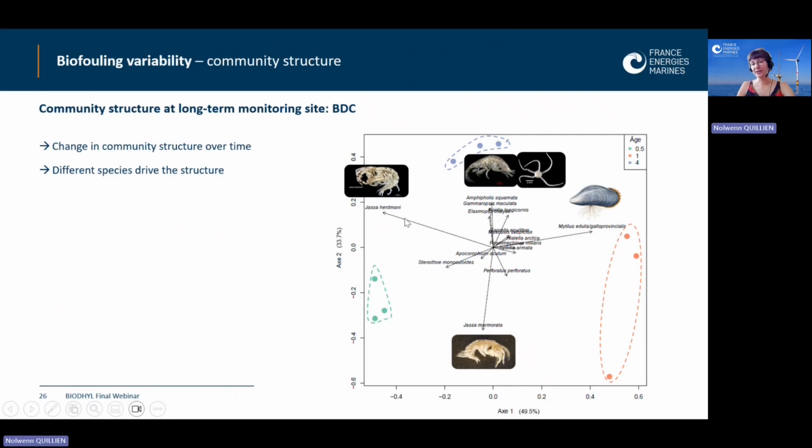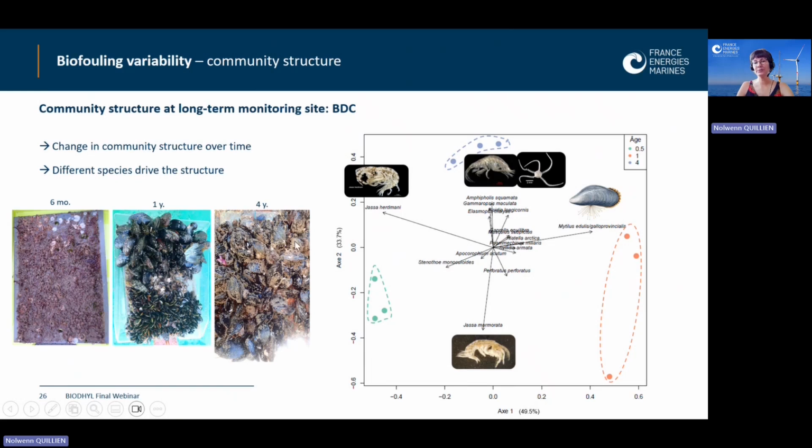And different species actually drive the structure of the community. The small amphipod Jassa for the youngest samples, then Mytilus for the community after 1 year, and small species living within the mussels after 4 years.